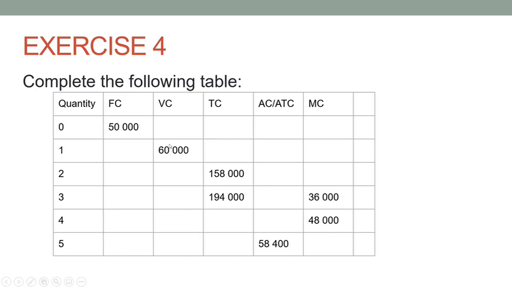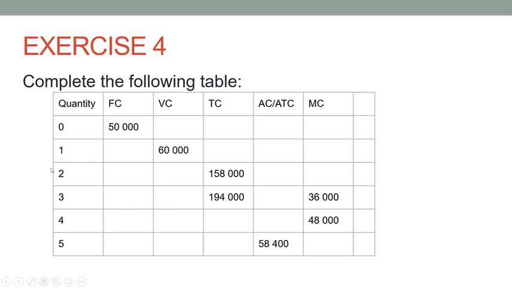So if you look at this table, your fixed cost is 50,000. And I've just said to you that fixed cost means the cost remains the same irrespective of the number of units that are produced. So if your fixed cost for producing 0 units is 50,000, that means for producing 1 unit, it is still going to be 50,000.